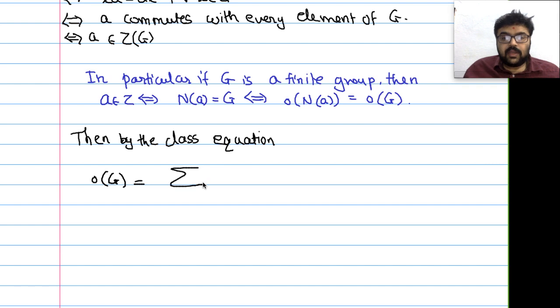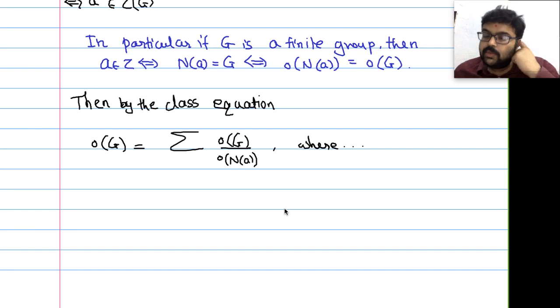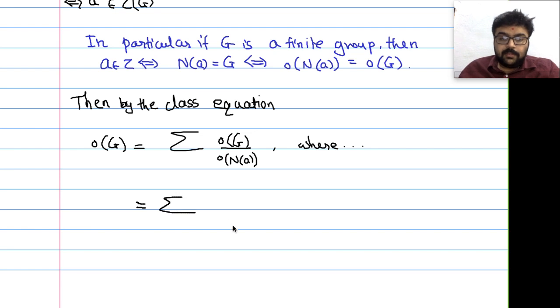Order of G equals the summation of order of G upon order of N(A), where the sum is over only one A from each equivalence class, and this we can write into two parts. N(A) is always a subgroup of G, so here I can write order of N(A) is not equal to order of G, and here let me write N(A) equals G, right?